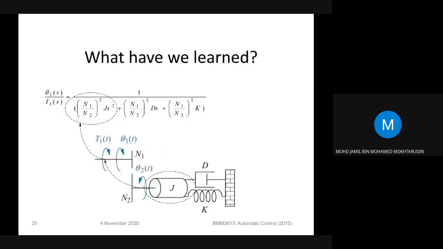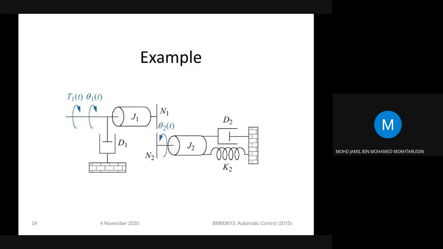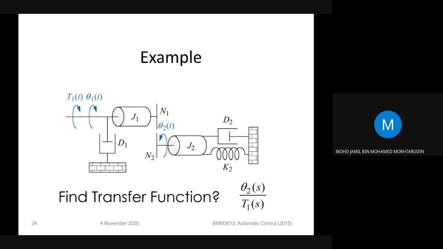Okay, let's look at an example of how to use impedance transfer. In this example, the question asks to find theta 2 over T1. So theta 2 is here, but T1 is here.